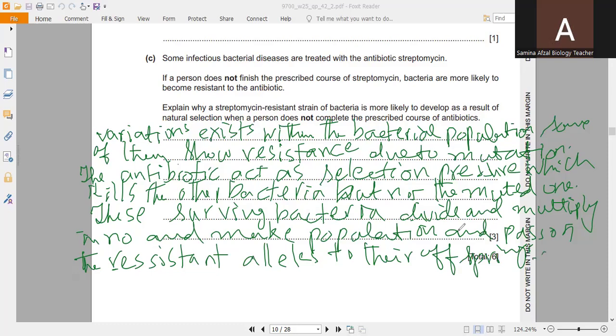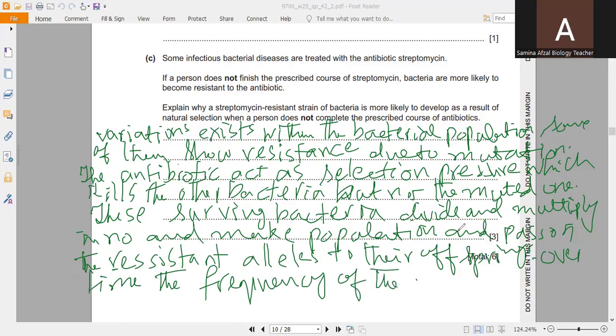Over time, the frequency of the resistant alleles increases.